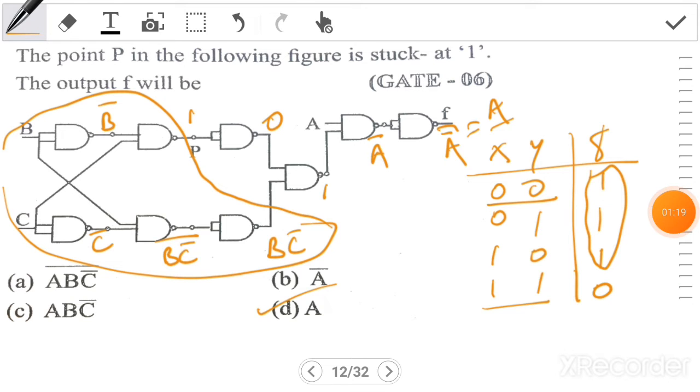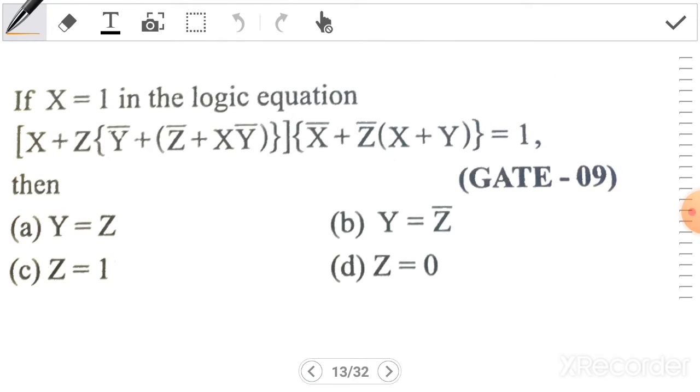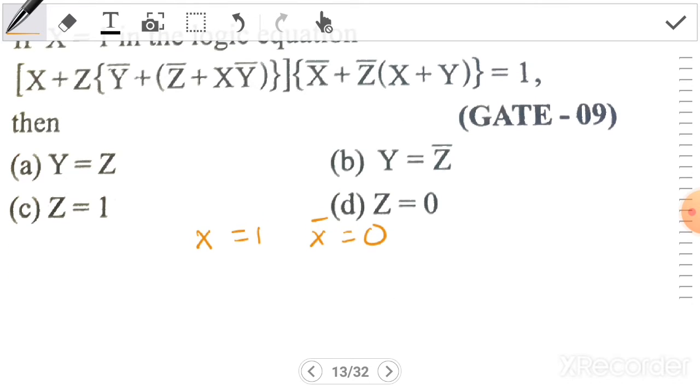Let's move on to the next question, next problem. If x is equal to 1 in the logic equation, x is 1 in here. So if x is 1, x complement is 0. So let us put the value x as 1. See, 1 plus anything is 1.